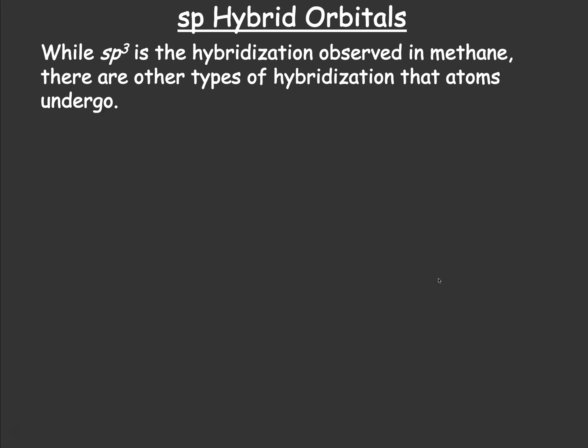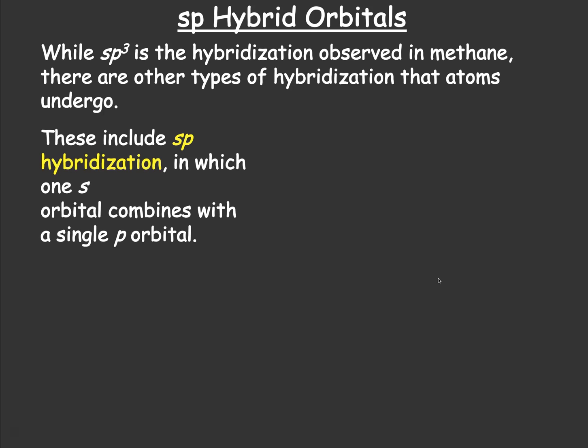Let's back up to sp hybrid. We know sp3 hybridization occurs in methane, but there are other types of hybridization in atoms that occur in different molecules. These include sp hybridization, in which we use one s and only a single p orbital of the 3.